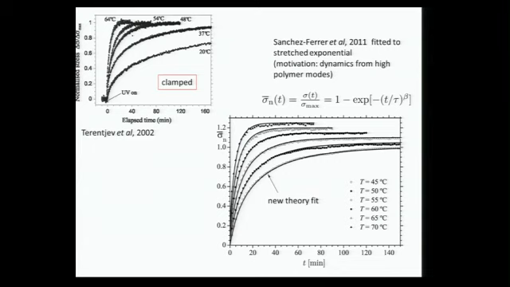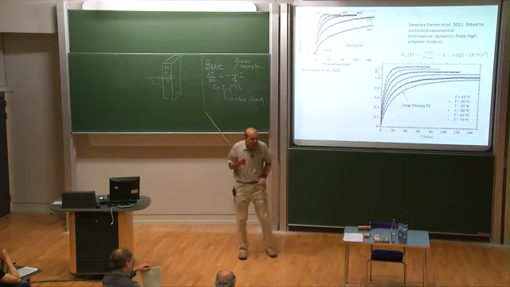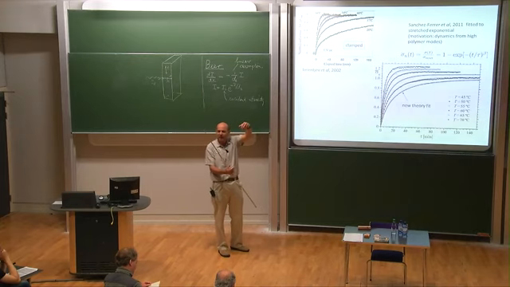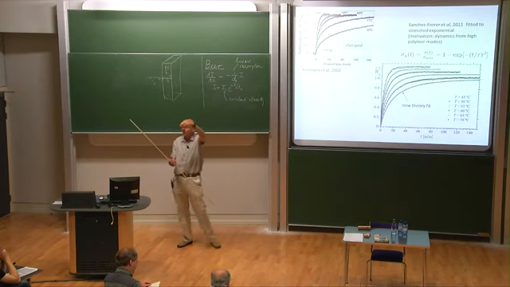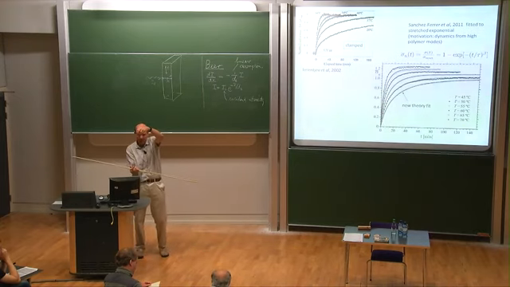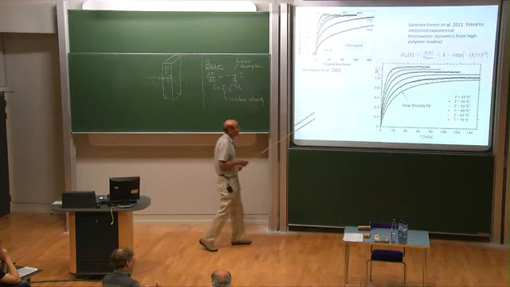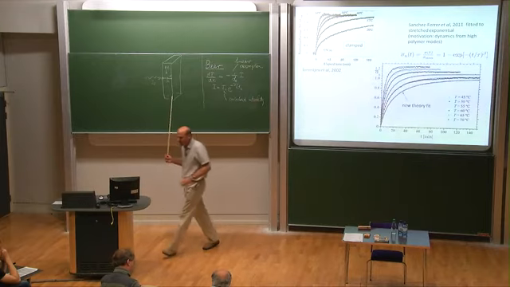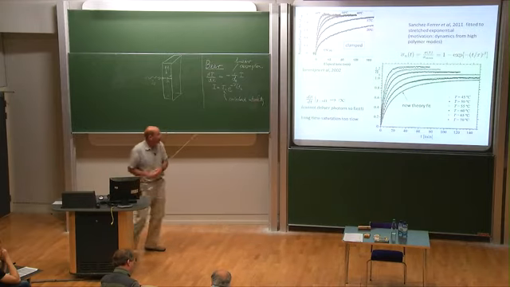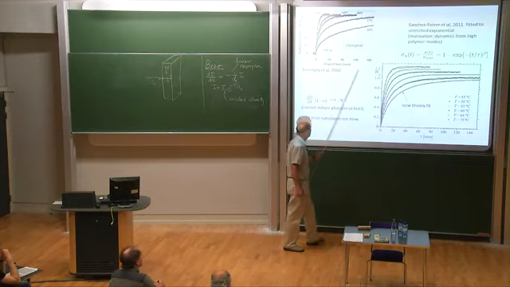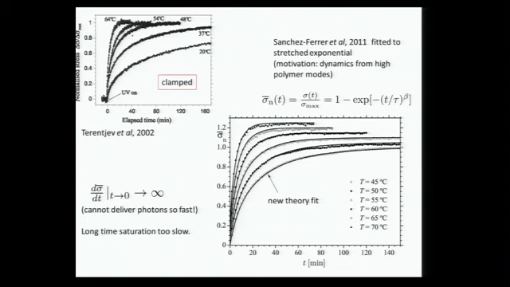But of course, the high polymer dynamics can't be related to this phenomenon because the polymers are clamped. And we know that the dynamics, such as there is, is not due to the polymer motion because the rubber strip is clamped. It must be from changes in the dye. There's another reason, and that is that if beta is less than 1, the slope of this function is infinite at zero time.